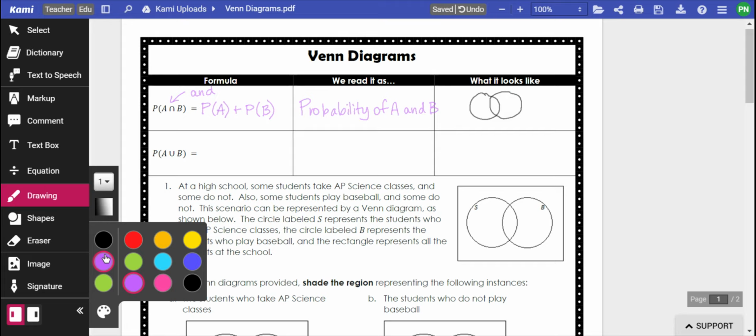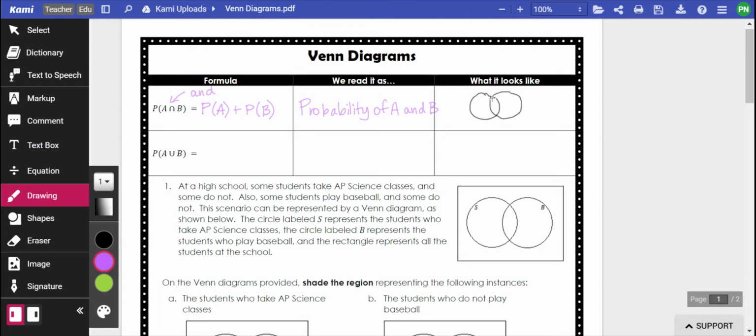So if I want something that's both chocolate and vanilla, then I'm not going to want just vanilla or just chocolate. I'm going to want one of those swirly combo ones that are both chocolate and vanilla. So that means I'm only going to end up shading the overlap. So we're going to shade the overlap. So that's for an and situation.